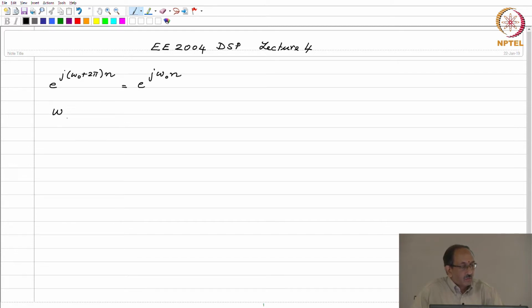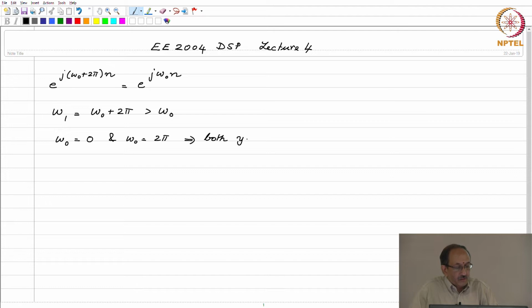Therefore, omega 1, if it is omega naught plus 2 pi, which is greater than omega naught, yields exactly the same signal. Even though the frequency is different, as far as the signal is concerned, you get the identical signal back. And we saw that omega naught equal to 0 and omega naught equal to 2 pi both yield the DC sequence.